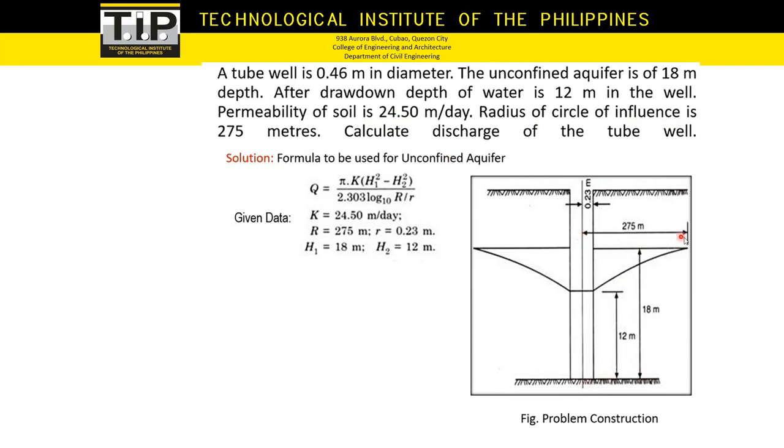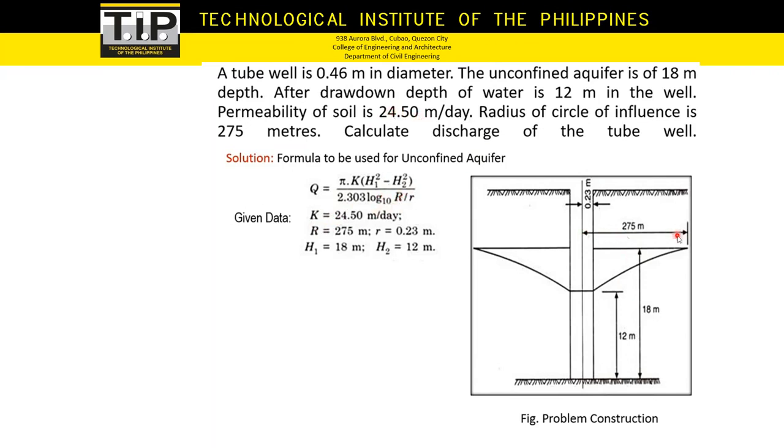From here up until the outer circumference of the cone of depression, we are asked to calculate the discharge of the tube well. The formula is the same as in my presentation earlier. What was used earlier was LN; this is the common logarithm. So, pi K times h1 squared minus h2 squared over 2.303 log 10 of capital R over r. K is of course the given permeability, 24.5.